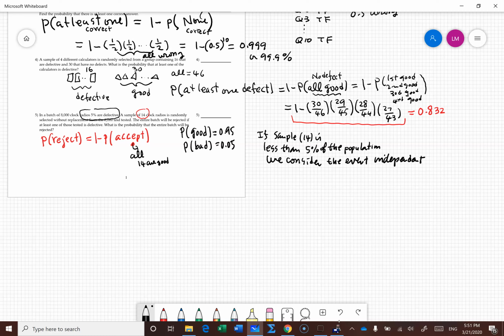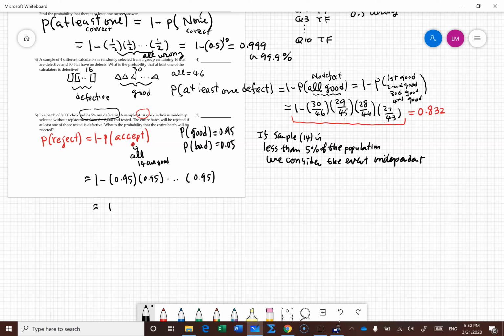Then the denominator in the previous question changed, but it doesn't change in this case. So it is 1 minus the probability of all good. 0.95, how many of them? You multiply 0.95 14 times.